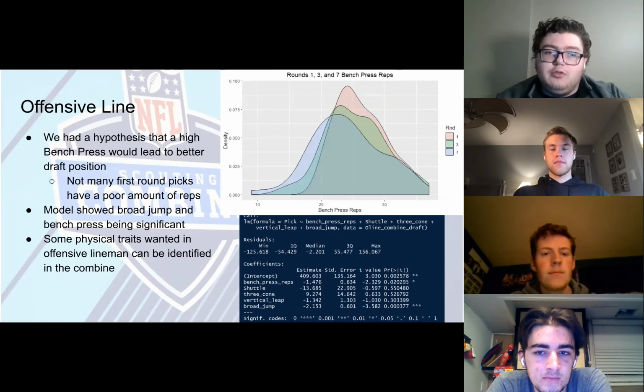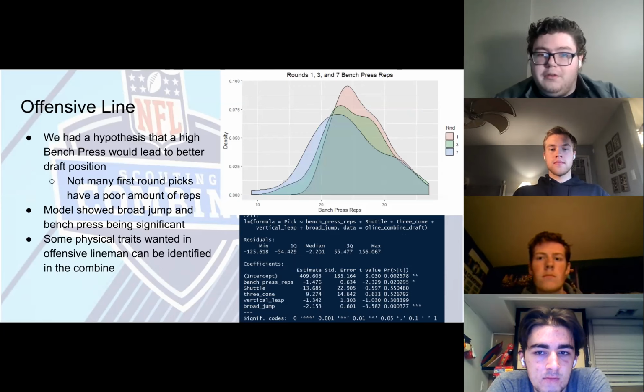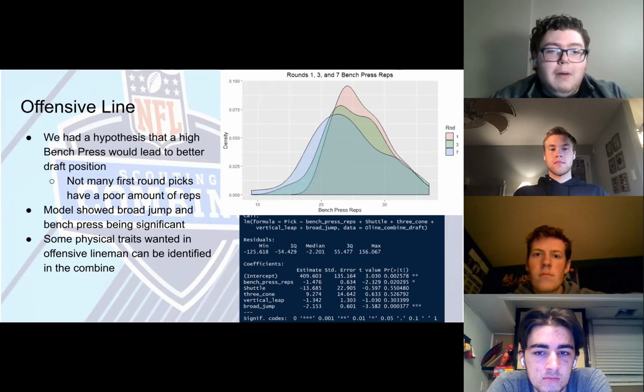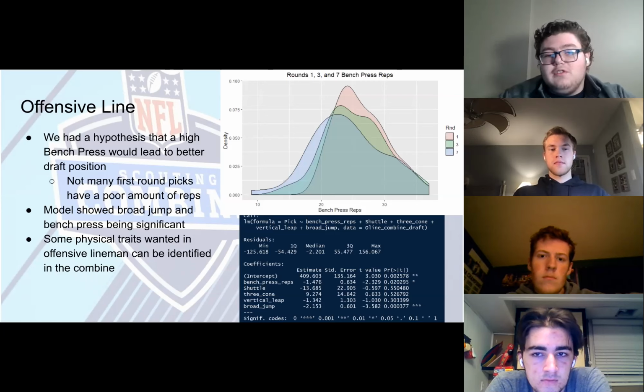When you were drafting a first-round player, that was really the baseline of that elite talent, where you want to be over 20 bench presses. In the other rounds, you do have players with high bench press reps, but they also have players with lower reps. The model showed that broad jump along with the bench press reps were significant. We figured this is because some of the physical traits that you're looking for in offensive linemen really come out well when you're testing them at the combine.